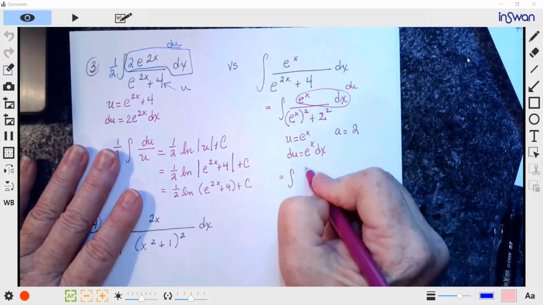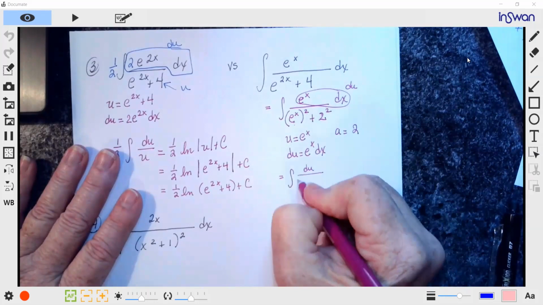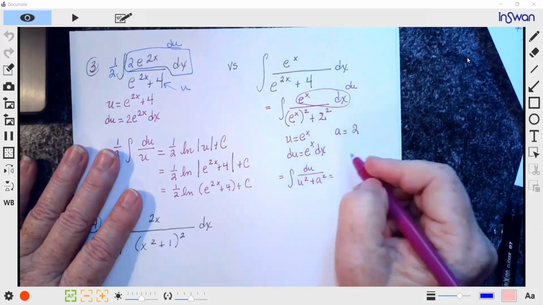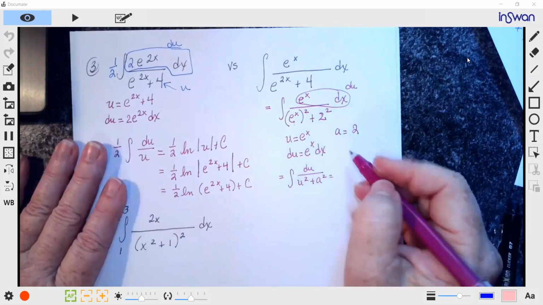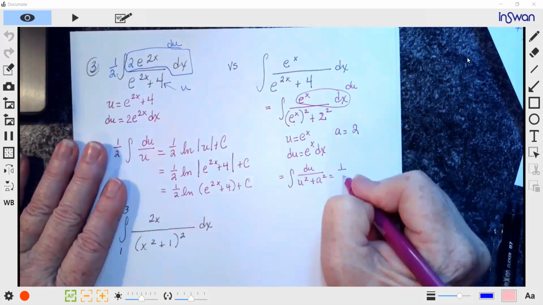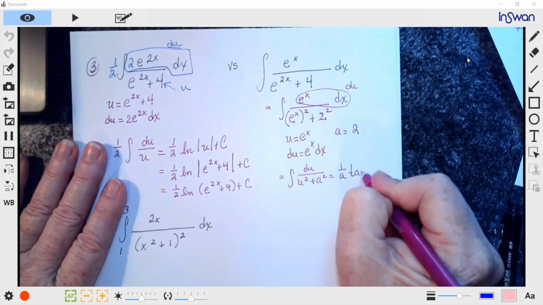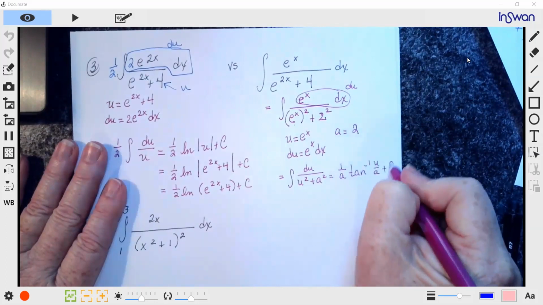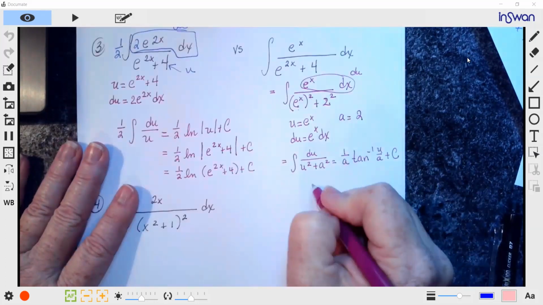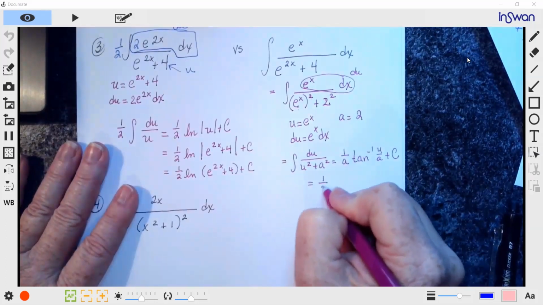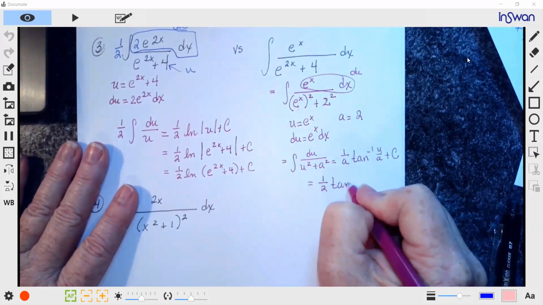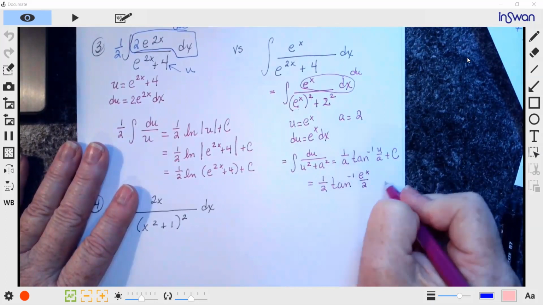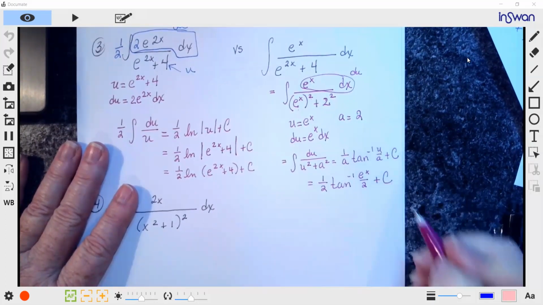So we have du over u squared plus a squared, which if you look at your formula sheet, that is 1 over a arc tangent of u over a plus c. And in this case, that would be 1/2 arc tangent of e to the x over 2 plus c.